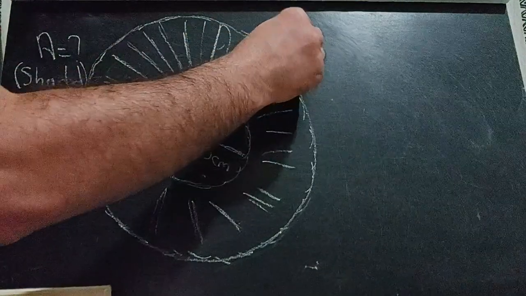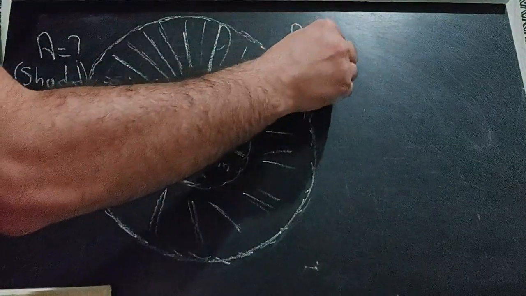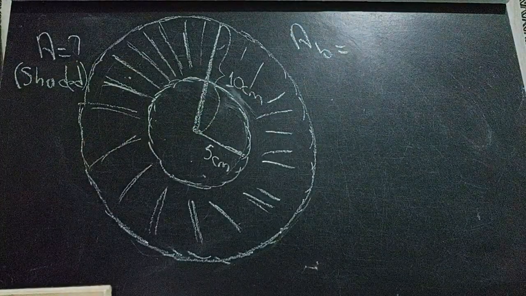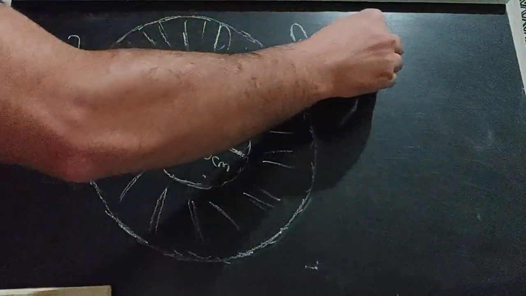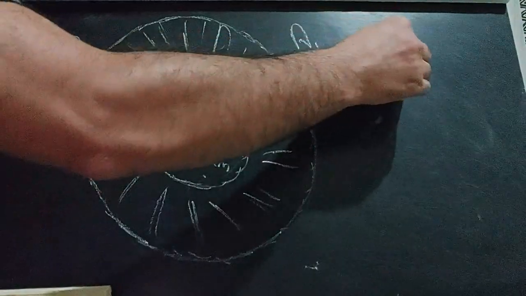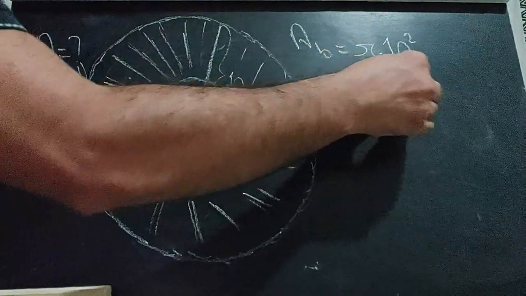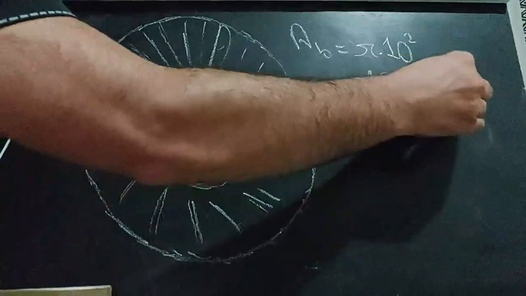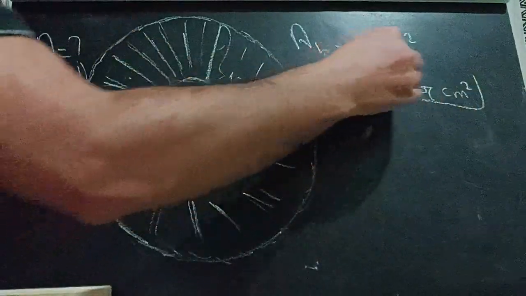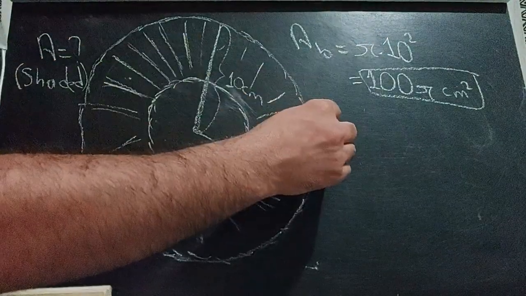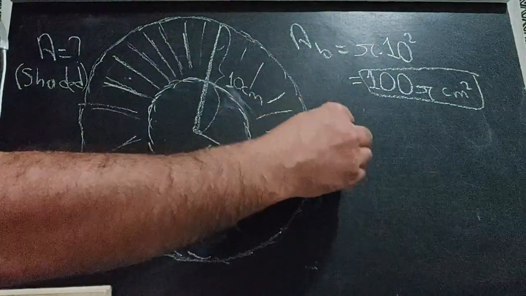Let's say area bigger equals pi times r squared, pi times 10 squared, which is going to be 100 pi centimeter square. This is for the big one. Alright, now I'm going to find the area of the small one.